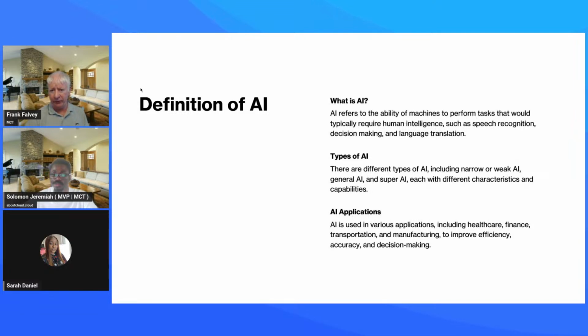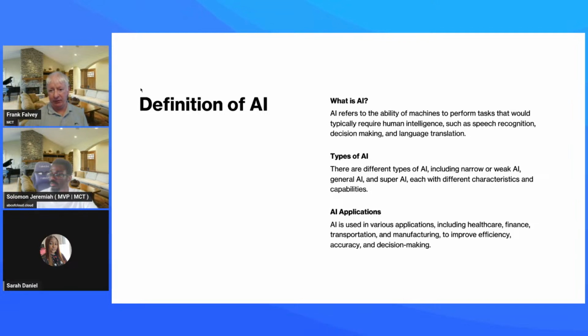So the definitions of AI. AI refers to the ability of machines to perform tasks that would typically require human intelligence, such as speech recognition, decision making, and language translation. AI types, there are different AI types, including narrow or weak AI, general AI, and super AI.